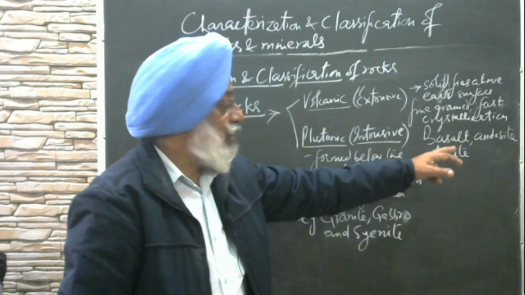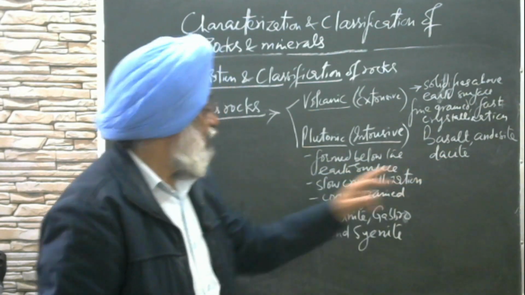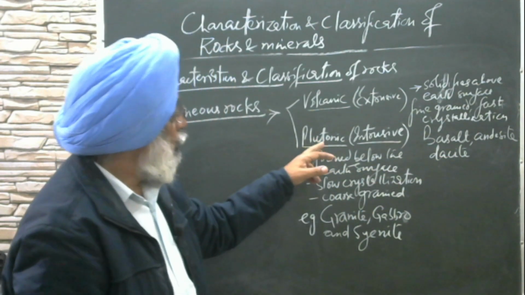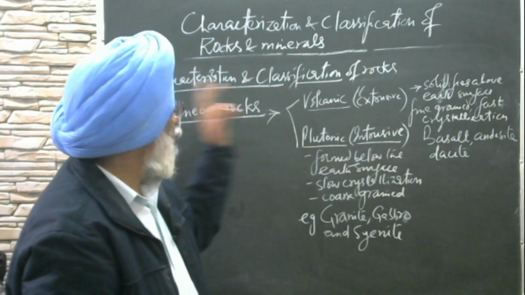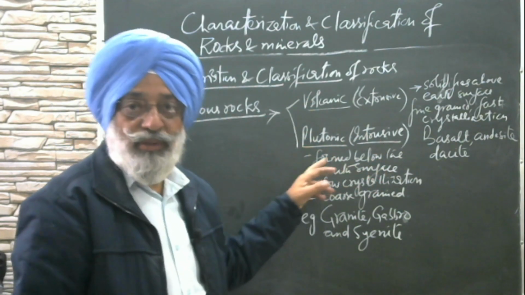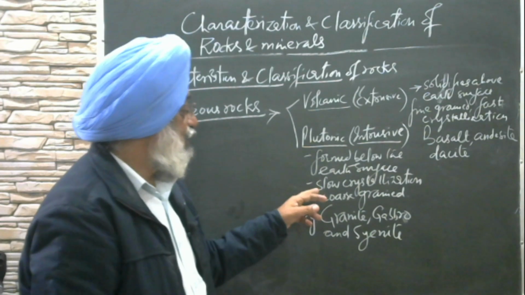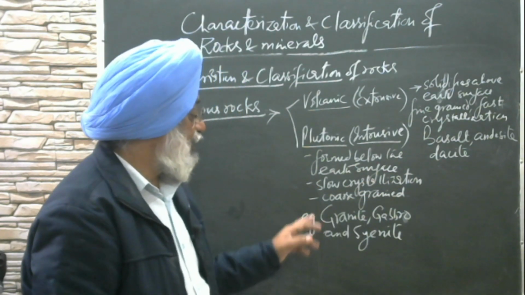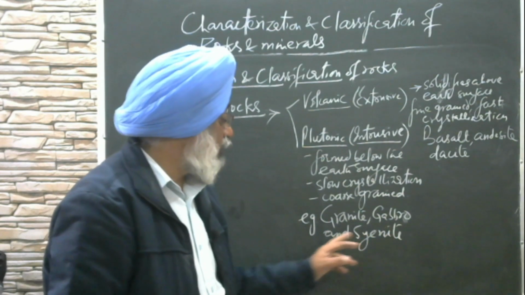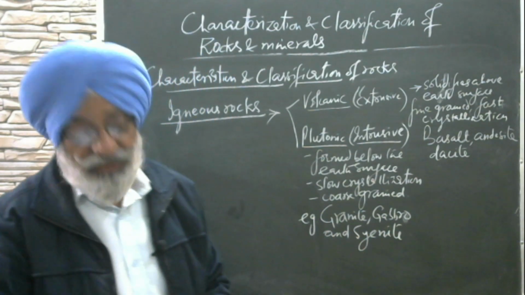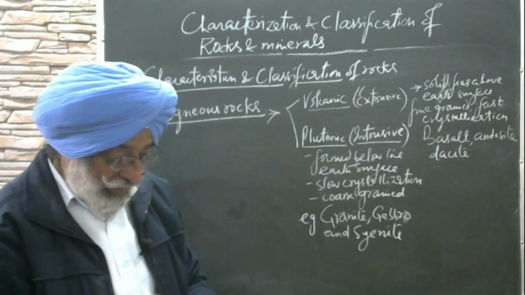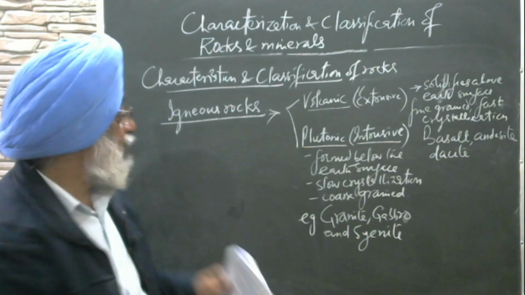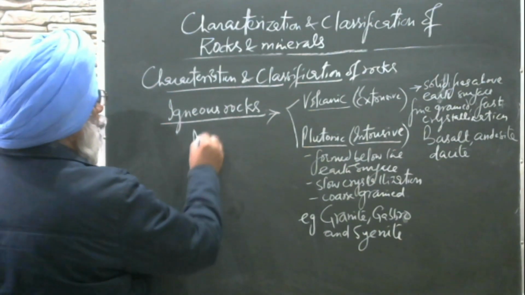Examples are basalt, andesite, dacite. And the plutonic or intrusive type of igneous rocks are formed below the earth's surface, with slow crystallization, coarse grained, and examples are granite, gabbro, and syenite. This is how we can classify the igneous rocks on the basis of mode of origin.